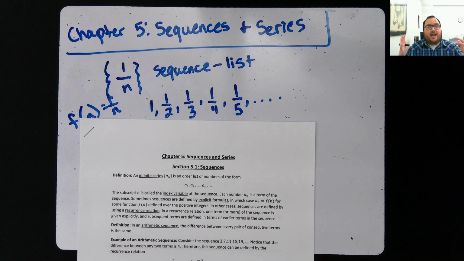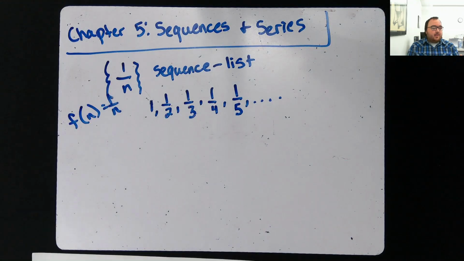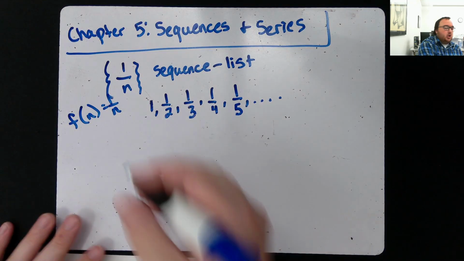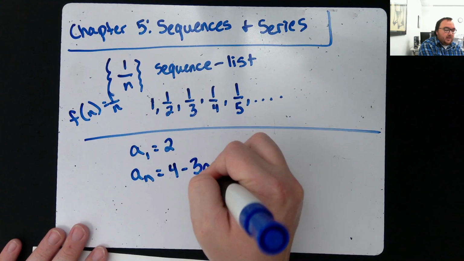So what I mean by that is instead of saying plug in 1 and I get 1, plug in 2, I get a half, plug in 3, I get a third, it's going to tell me how to use my first term to get the next term. So it would say something like a_1 is equal to 2, and then every other a_n is going to be 4 minus 3 times my previous one.